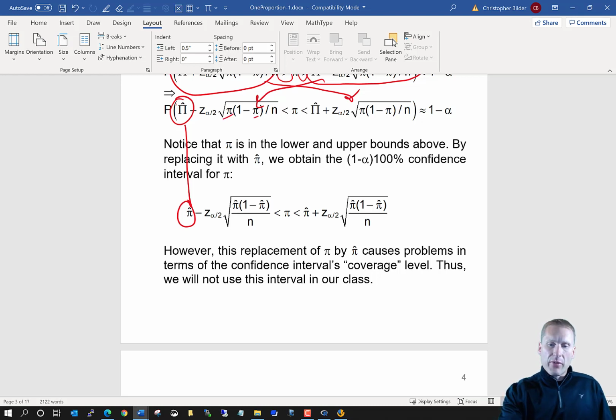Notice I still have pi right here in the inequality. I wanted to get to a point where I only had pi right in the middle. So because of that, what we're going to do is just simply replace the parameter with its corresponding estimate. And now we get a confidence interval that we can actually calculate.